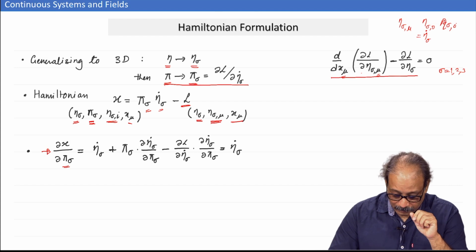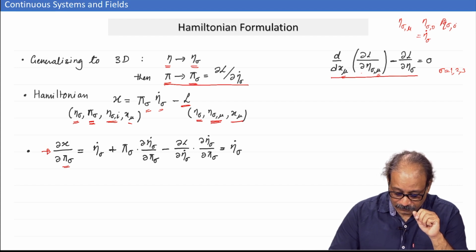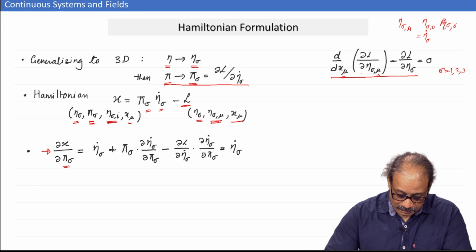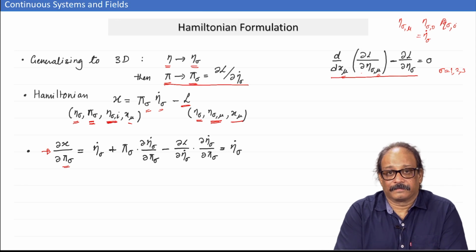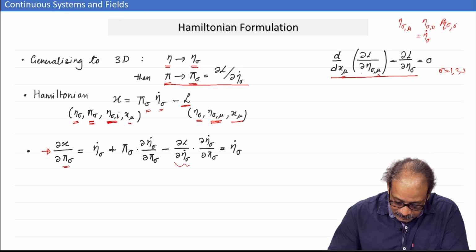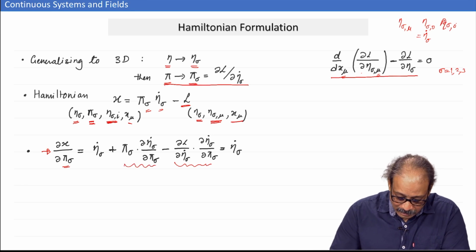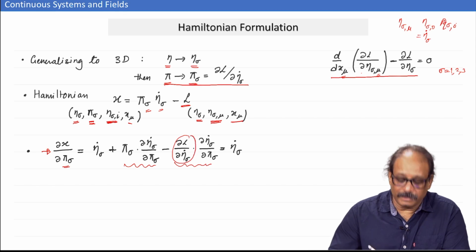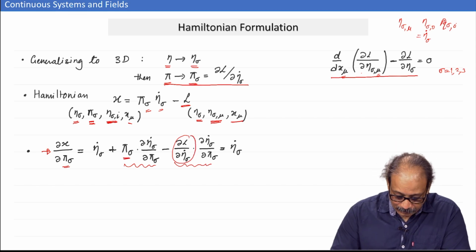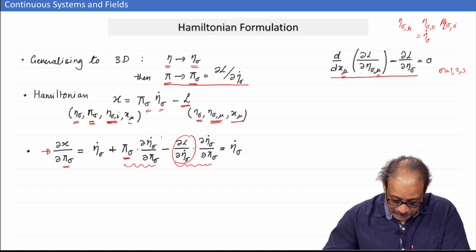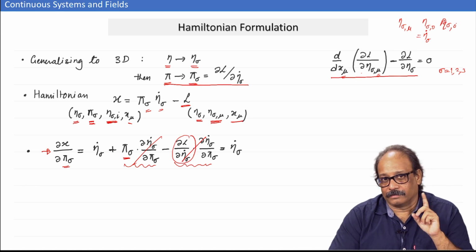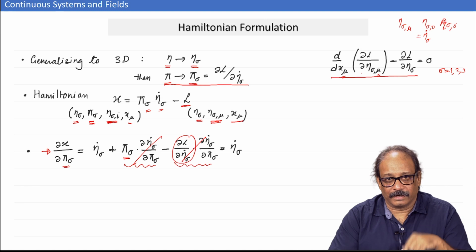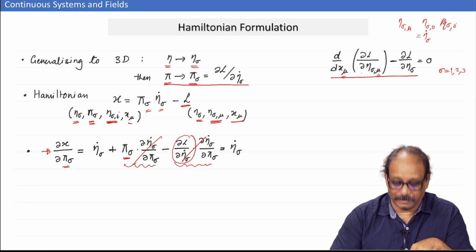So, it will be the partial derivative of eta sigma I with respect to pi sigma. And then notice that this term here and this term here are exactly the same, because the partial derivative of L with respect to eta sigma dot is exactly equal to pi sigma. So, this term here will cancel and you are left with eta sigma dot. Okay. So, my first Hamiltonian equation looks like what I wanted it to be.